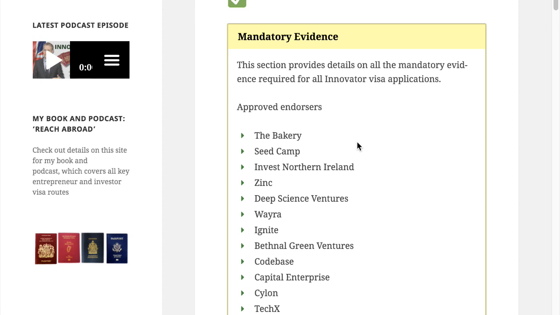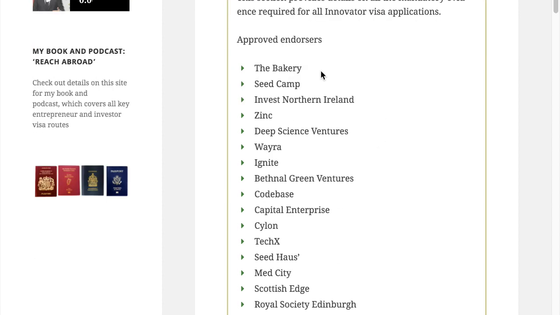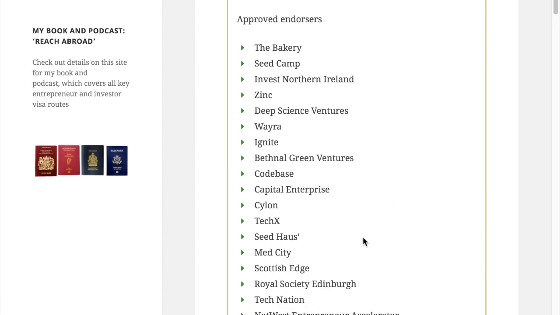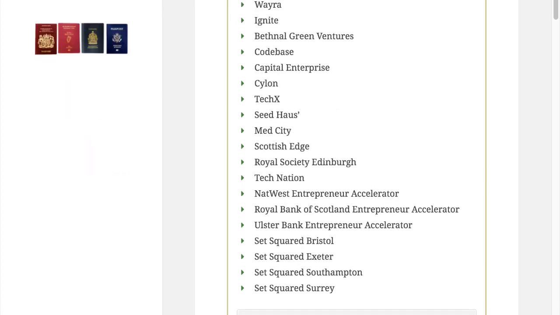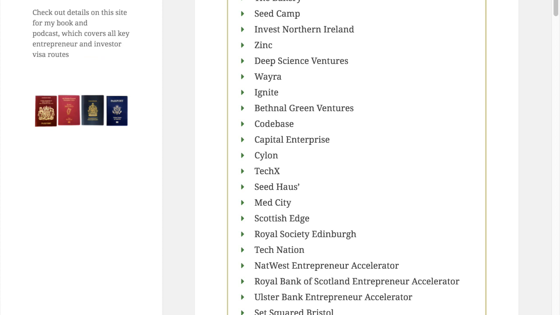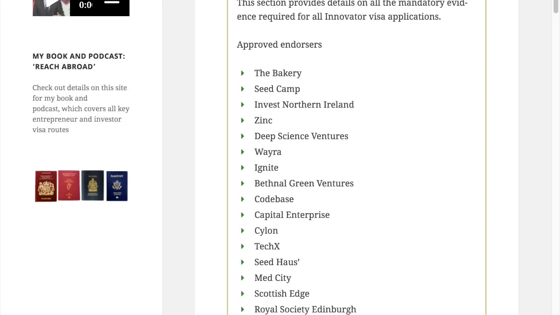So there are these approved endorsers: the Bakery, Seed Camp, Ignite, MedCity, Tech Nation, etc. As well as these, it's likely that there's going to be some universities who are going to be endorsing for the purposes of innovator visas, or endorsing for the purposes of startup visas, but in respect of external candidates, so not students at the university.